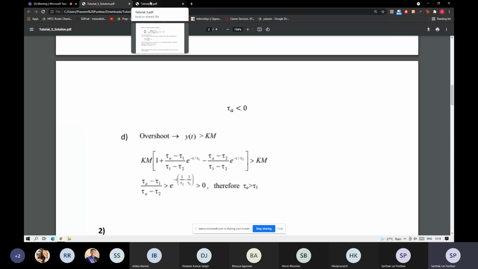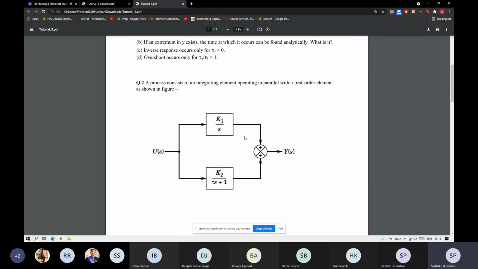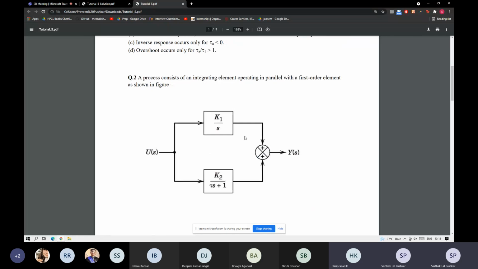Any questions? If not, please try the second question. Any questions in understanding this?